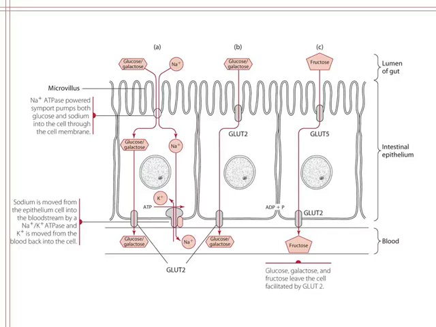The other mechanism is facilitated transport, which involves glucose transporters. So in this image in part B, they're looking at GLUT2 as the glucose transporter. So there's a family of transporters for glucose that are referred to as GLUTs, G-L-U-T.